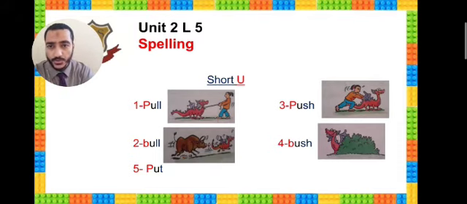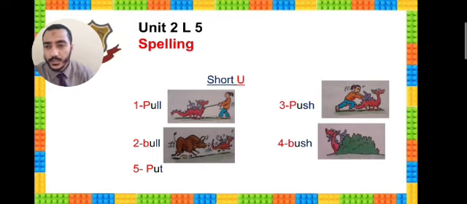And it has short U. Of course, they have a difference in the first letter. P, push, as in pen, and bush, B, as in book. So notice this difference.